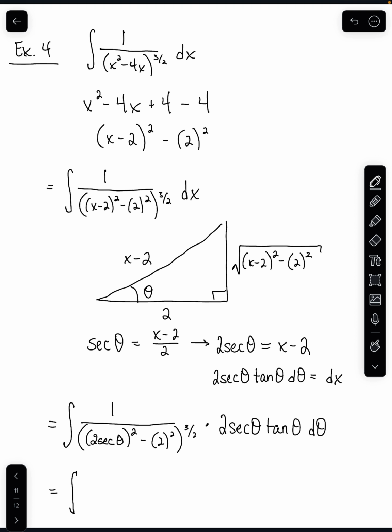In the denominator, we can, within the parentheses still, factor out a 2 squared, leaving us with a secant squared theta minus 1, and then that entire expression still raised to the 3/2 power, so that the secant squared theta minus 1, by Pythagorean identity, can be swapped out for tangent squared.